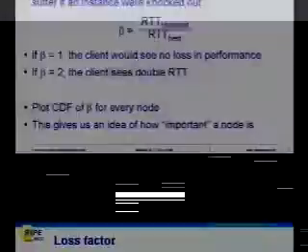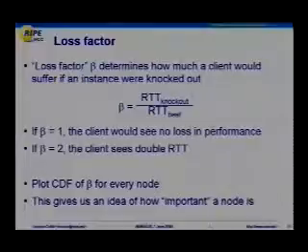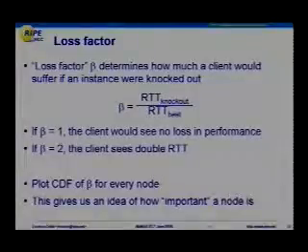So for every client, we see how much its performance would be worse if a given instance didn't exist. And we have the numbers for that because we ping all the clients from all the server nodes. So for every client, we assign a number beta, which is the loss in performance that client would have if a given server node was knocked out.